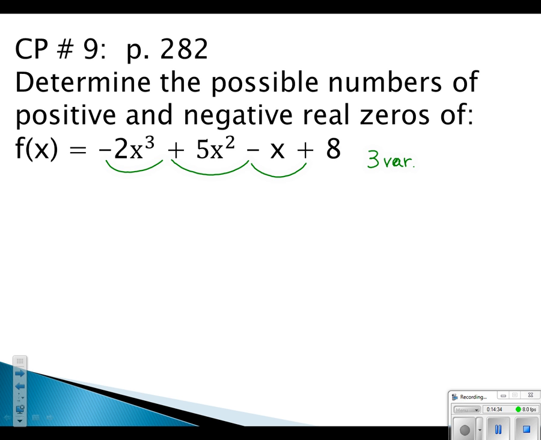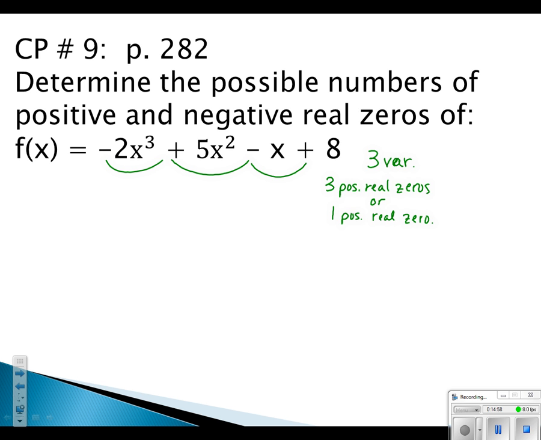So that means we are going to have either 3 positive real zeros or just 1 positive real zero. We'll have to start checking to figure out which one, but this does tell us that we're going to have some positive real zeros.